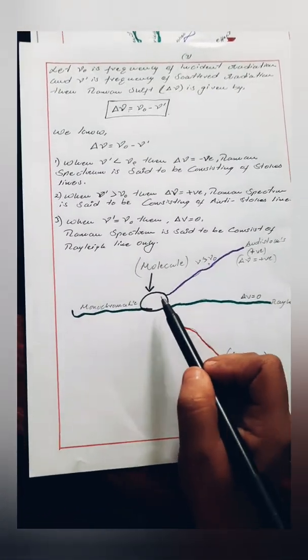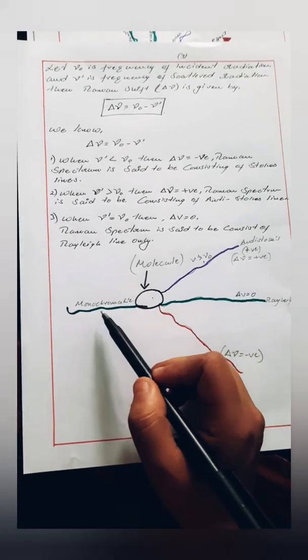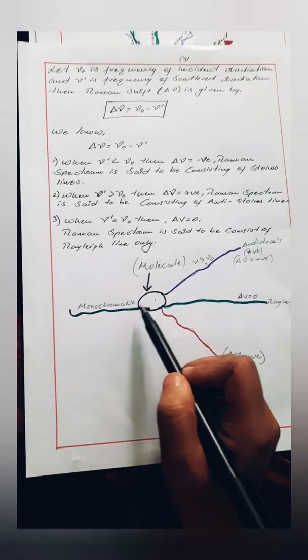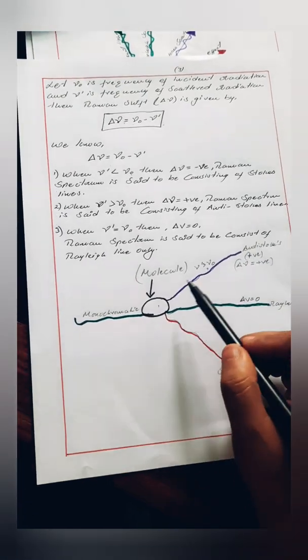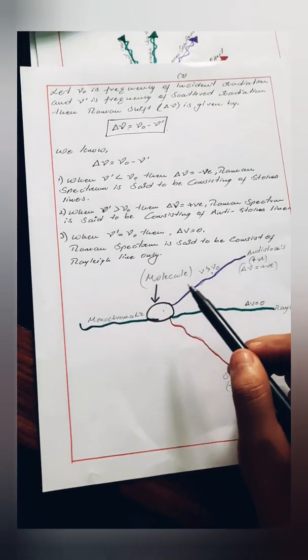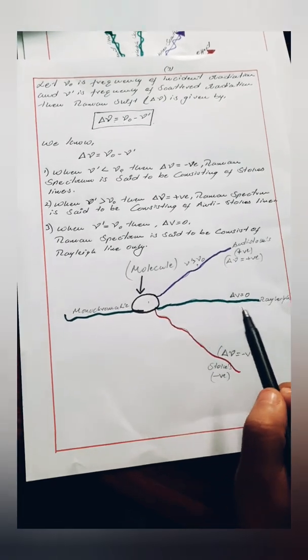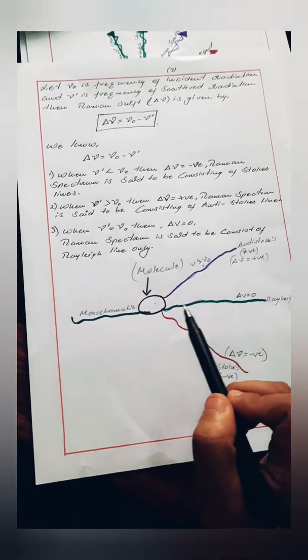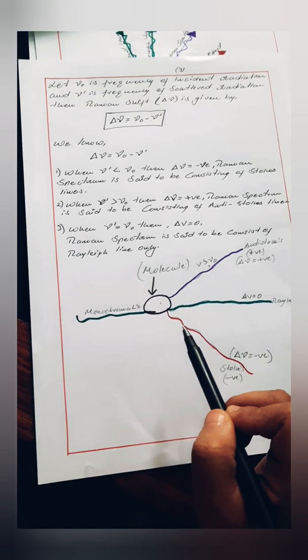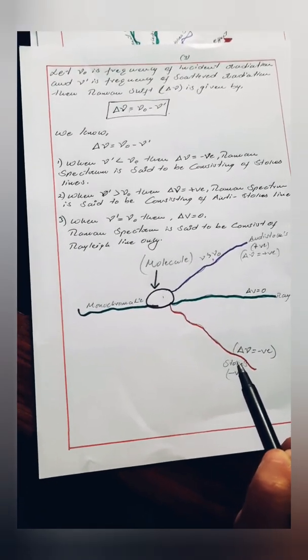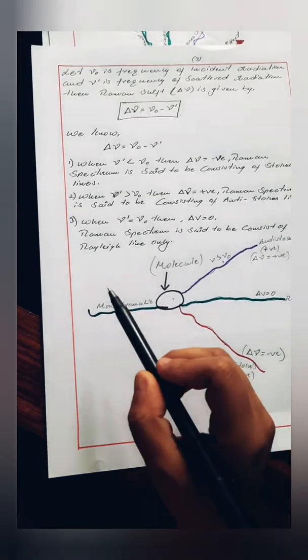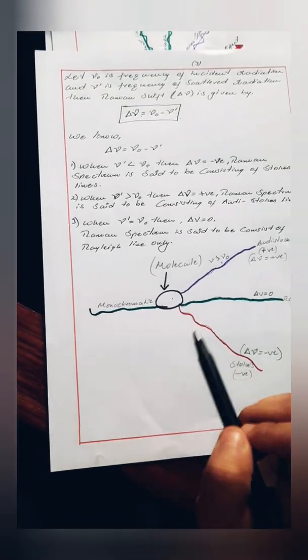So this is an organic molecule, through which monochromatic light is passing and getting scattered. This one is anti-Stokes having the higher frequency. This is a Rayleigh line having the same or equal frequency to that of incident ray, and this one is the Stokes, having the lower frequency than that of incident ray.